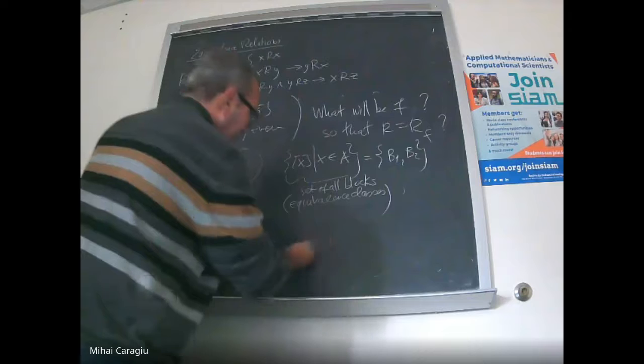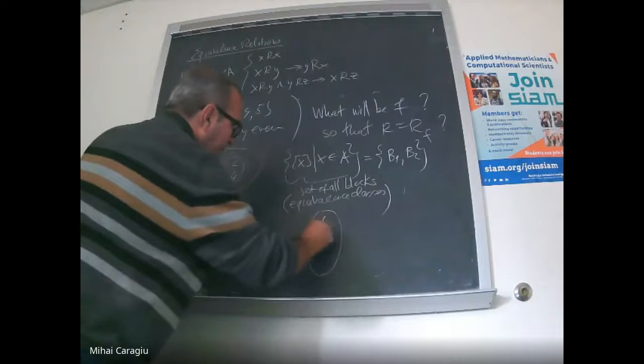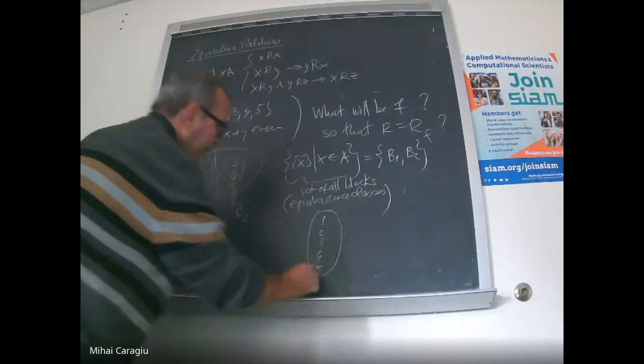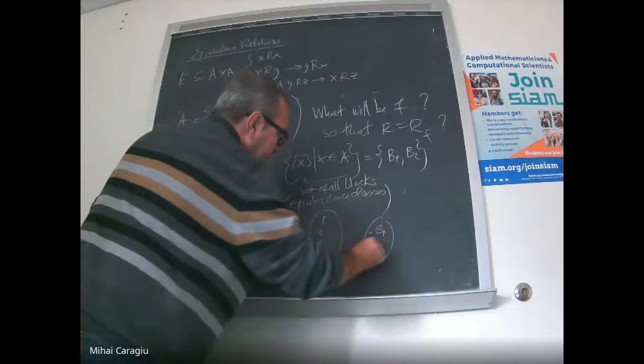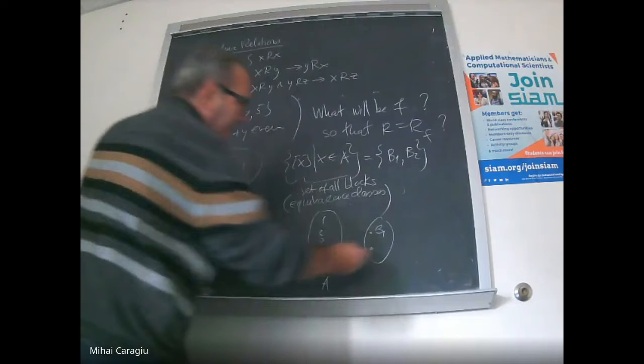So how do we find the function? Here is the set 1, 2, 3, 4, 5. That's A. And B is B1 and B2: two elements, one named B1, another named B2.